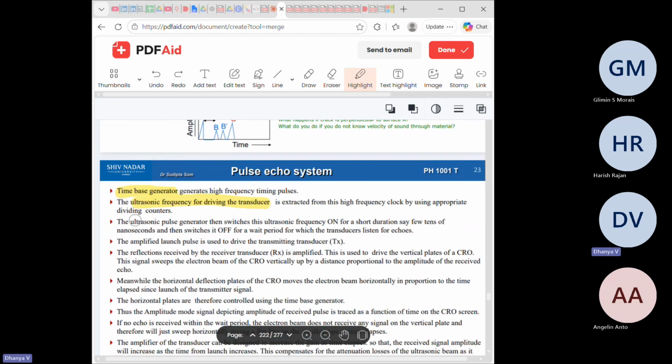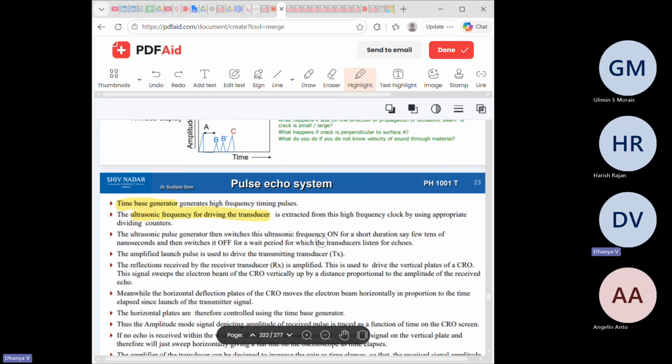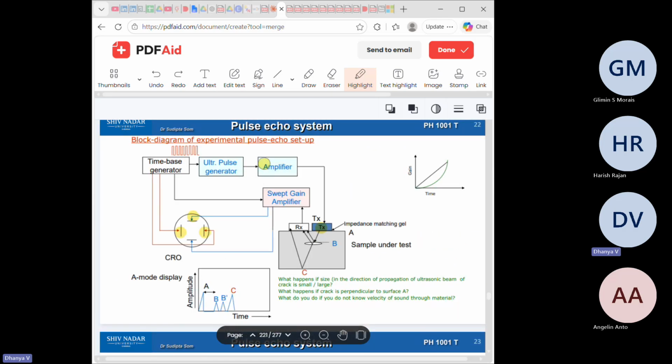So the ultrasonic pulse generator switches this ultrasonic frequency on for a short duration and then switches it off for the other time so that it listens for the echoes. Then the amplified launch pulse is used to drive the transmitter transducer. So this amplifier is used to drive the transducer.